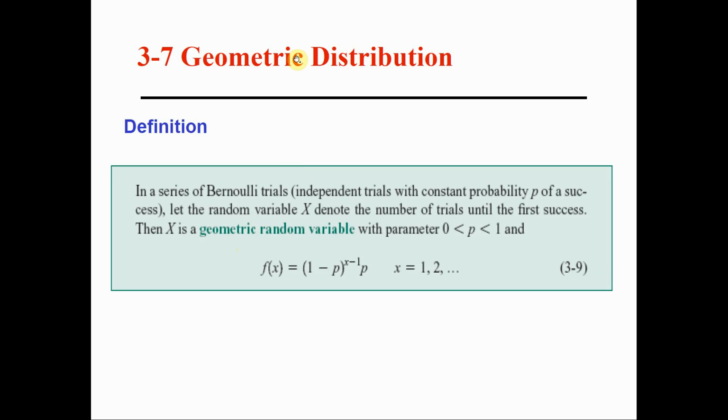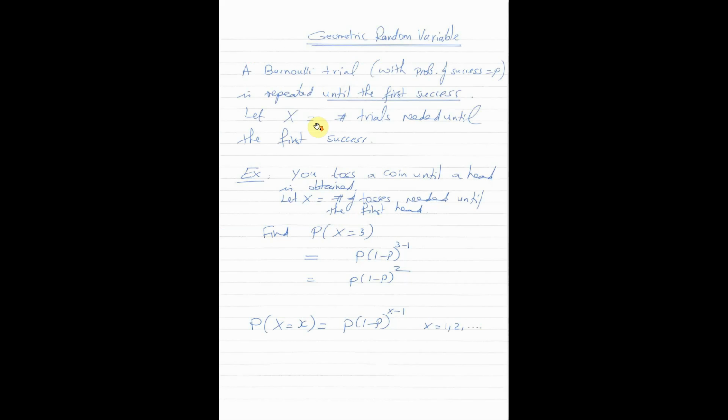So what is a geometric distribution? Let me use my own slide here, my own illustration. A geometric random variable can be defined as follows. A Bernoulli trial with probability of success equal to p, which is definitely a parameter. The individual Bernoulli trial has success probability p, and that Bernoulli trial is repeated until the first success.